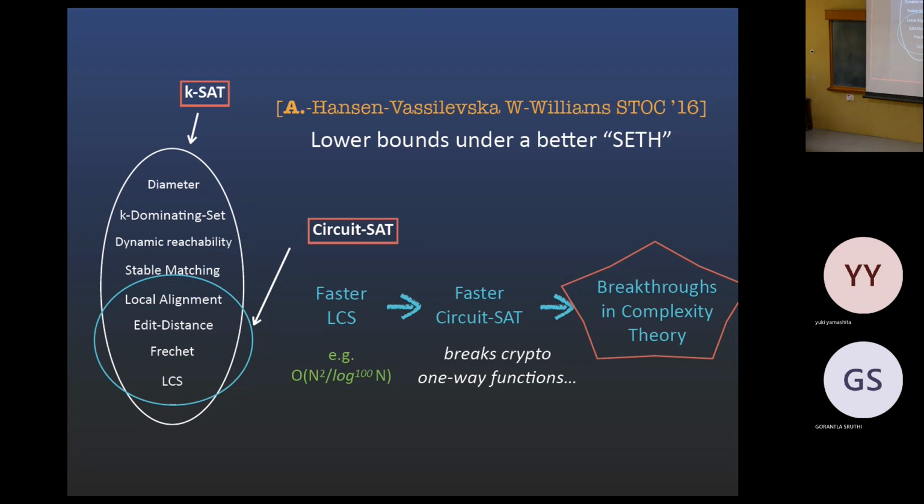You would break some crypto and get some circuit lower bounds out of it. So even shaving log factors can be interesting. But again, most results are not based on such a strong assumption.